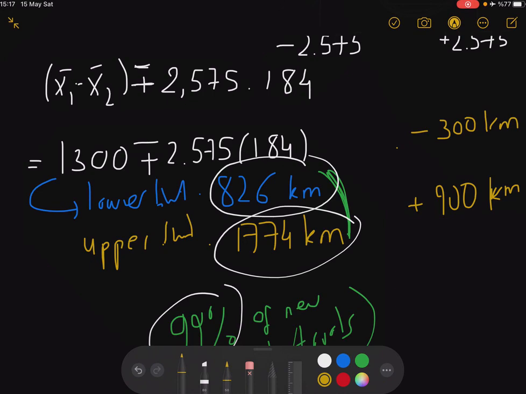So what can you conclude? You cannot comfortably say that the first one is better than the other, because 0 is there, so you cannot be so sure about the issue. So that's all about the estimation of the difference between two means.